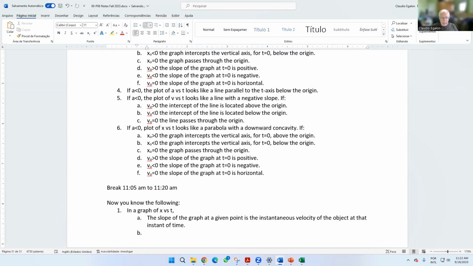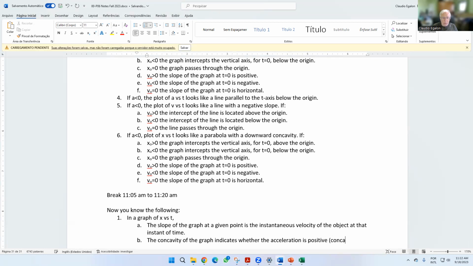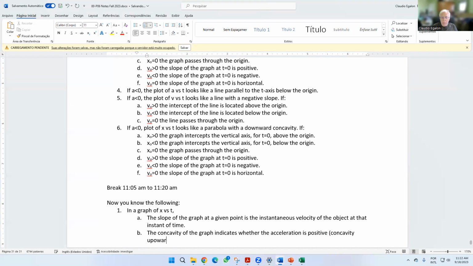And B, the concavity of the graph indicates whether the acceleration is positive, concavity upwards, or negative, concavity downwards, right?